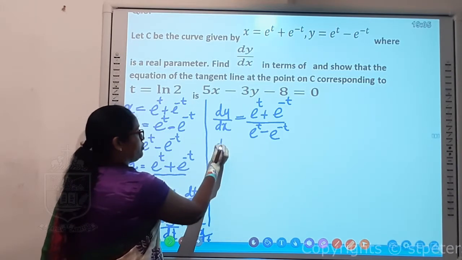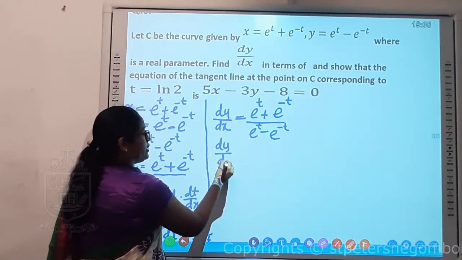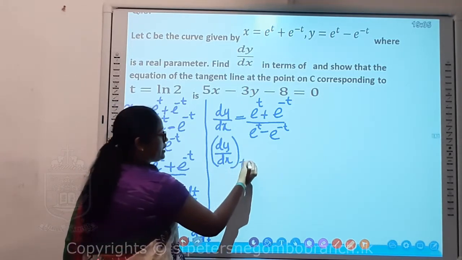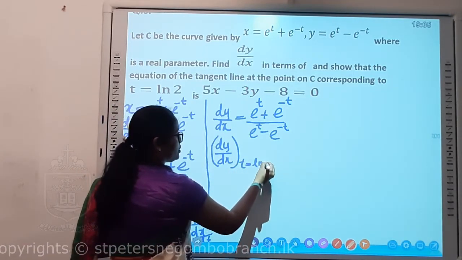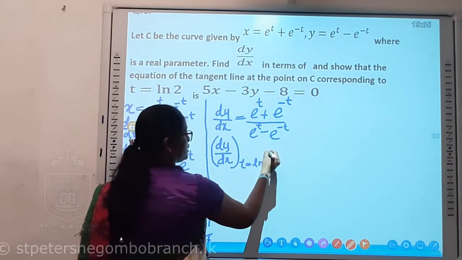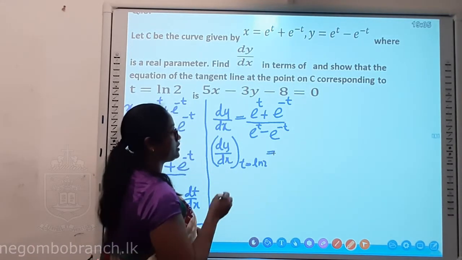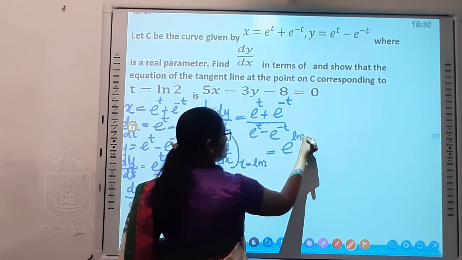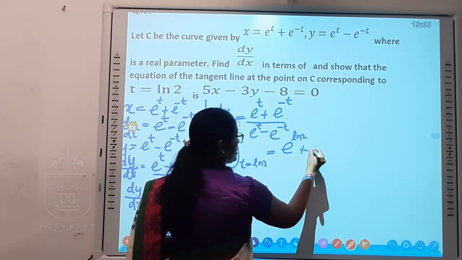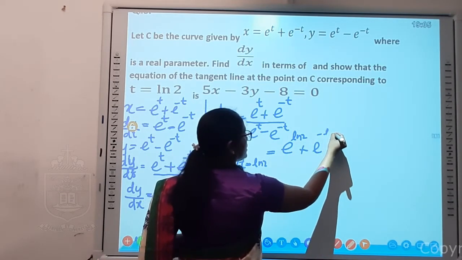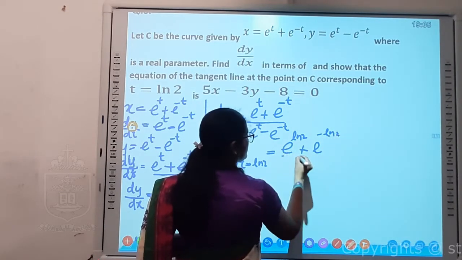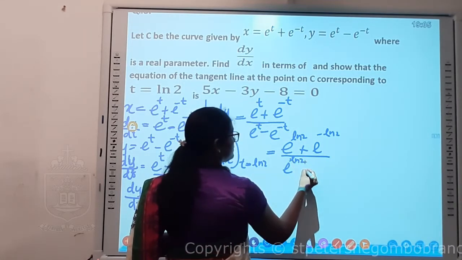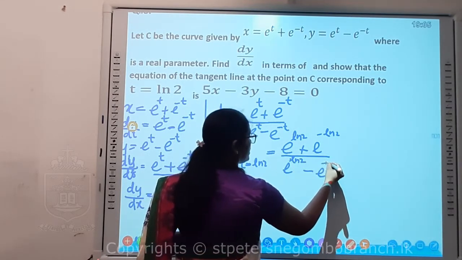So this is the way we can write the gradient of the tangent when t is equal to ln 2. Now I just replace t with ln 2. So e to the power ln 2 plus e to the power minus ln 2, and here again e to the power ln 2 minus e to the power minus ln 2.